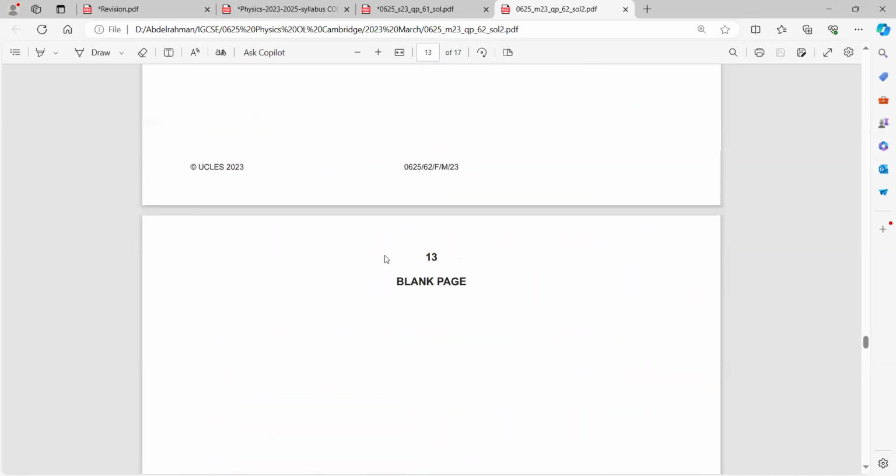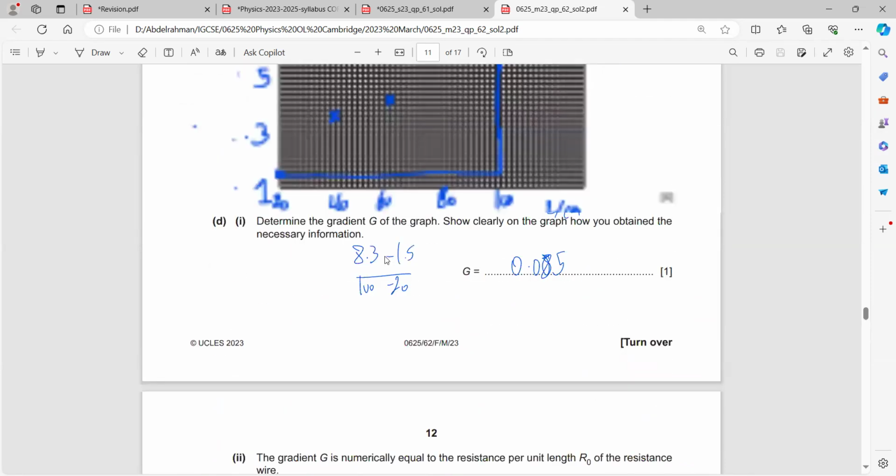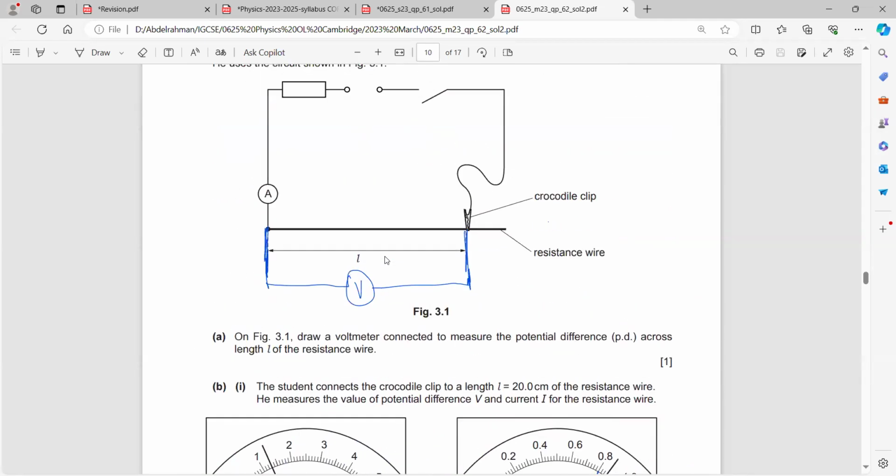Error, crocodile clip. Very quickly, crocodile clip. You place the crocodile clip at a distance L. If you want to increase or decrease the distance L, you'll simply move the crocodile clip and measure the distance. There could be an error. I'm just stating there might be an error in measuring the distance between the ends of the crocodile clips.